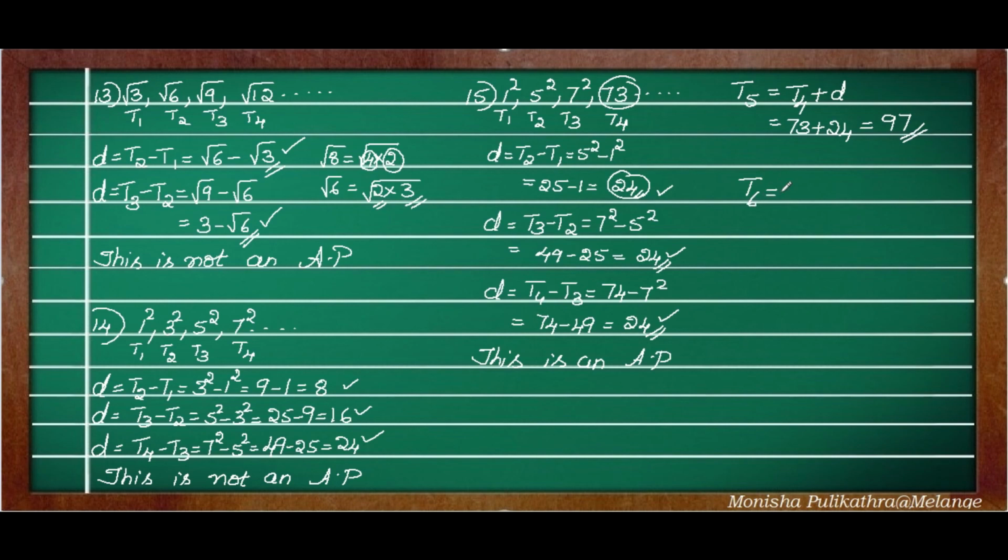Next, going to the sixth term, T5 plus D. T5 is 97 plus 24, so 97 plus 24 is 121. Next T7. T7 is equal to T6 plus D. T6, the previous term, is 121 plus 24, so it will become 145. So this is the 5th, 6th and 7th term.